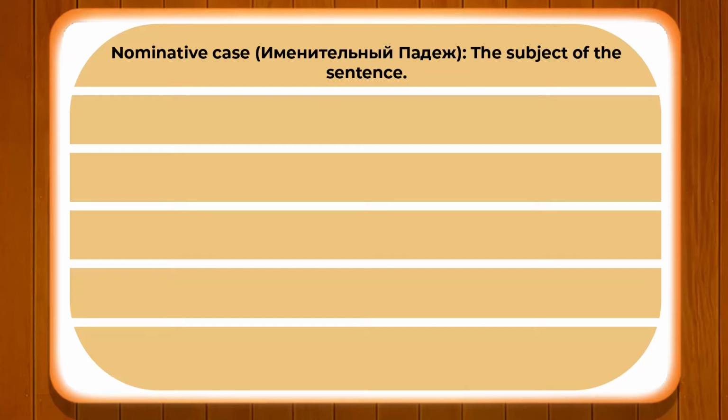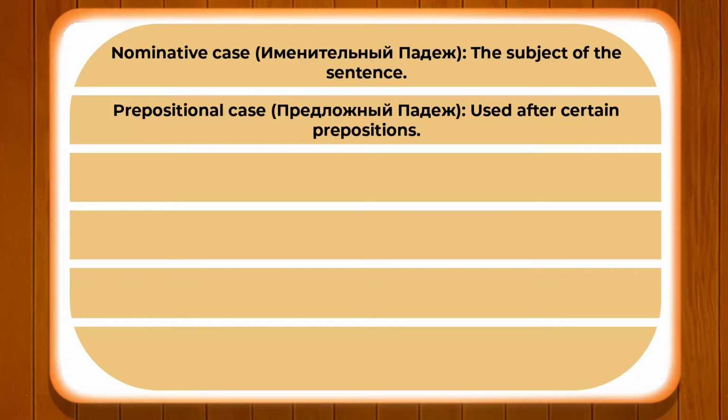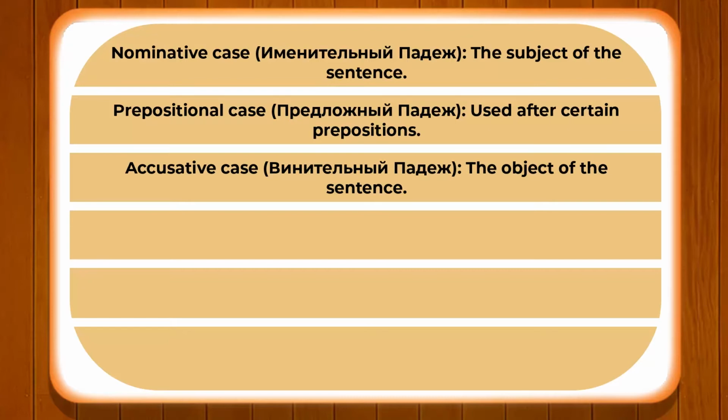The second one is the prepositional case, called in Russian predložny padyesh. This case is used after certain prepositions, like we already know, v and na, which can be defined as in, at or on. And then the third one is the accusative case.